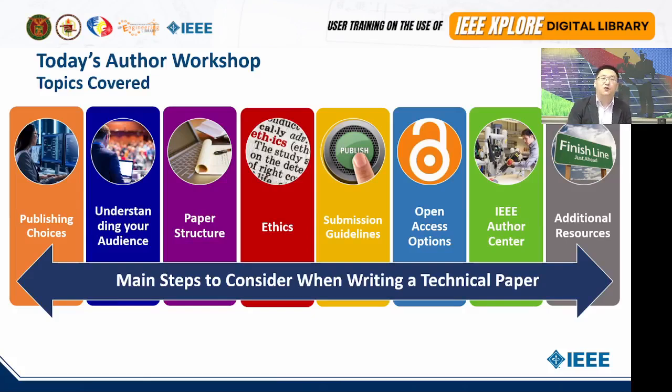We also need to format our paper according to the ethics on that. There is a submission process that is commonly used for journals and conferences. So in that case, we also need to talk about the submission guidelines. What are the procedures of selecting a journal, and submitting to a journal or conference?